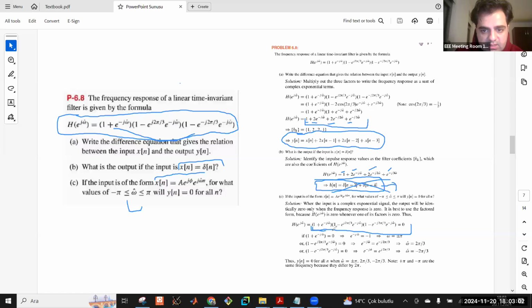The one that makes this term 0, this term, and this term. When we solve for each case, we find these omega values, which makes the frequency response 0. Therefore, the output will be automatically 0.